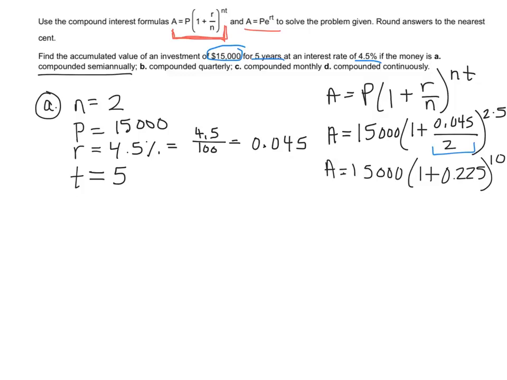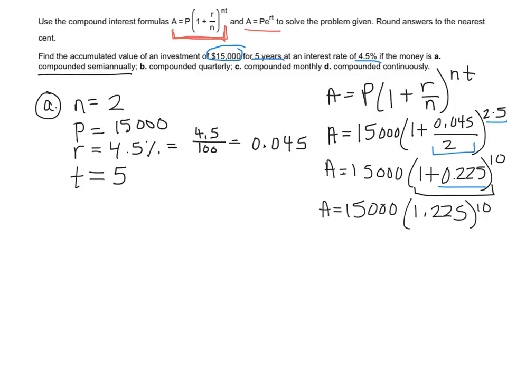When we do that, we get 0.0225. Next, we can multiply 2 times 5 to get our power of 10. Now we want to work on parentheses some more and add 1 to the decimal. When we do that, we get 1.0225.